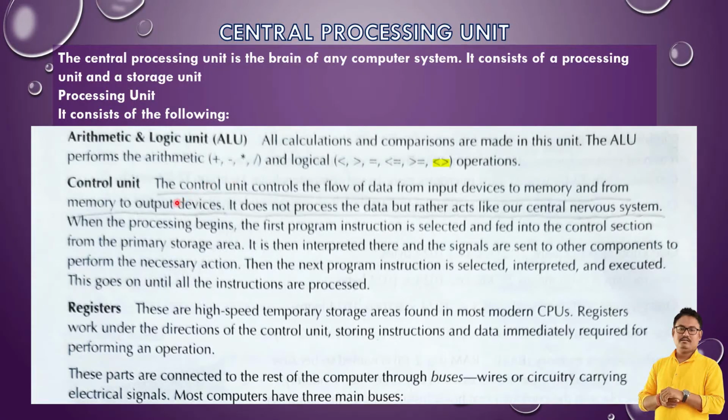So the arithmetic unit uses these arithmetic and logical operations. And then the control unit. In the arithmetic unit all calculations and comparisons are made, and the arithmetic and logical unit performs the arithmetic and logical operations. Next, the control unit controls the flow of data from input devices to memory and from memory to output devices. When you give any input to the computer, it accepts it as input, and after that it gives output to the output devices.